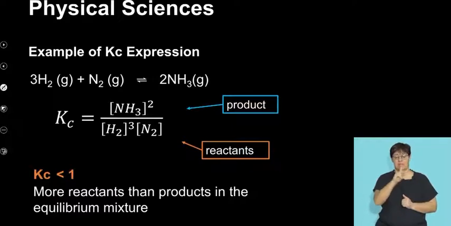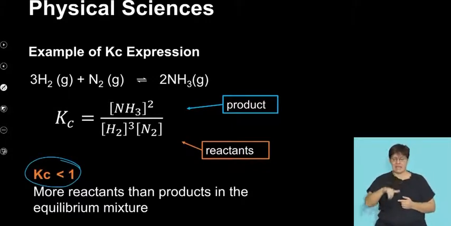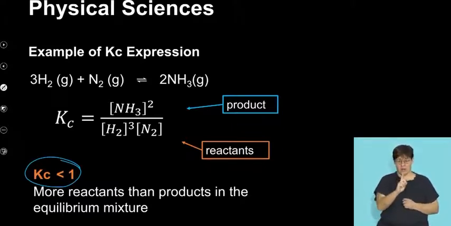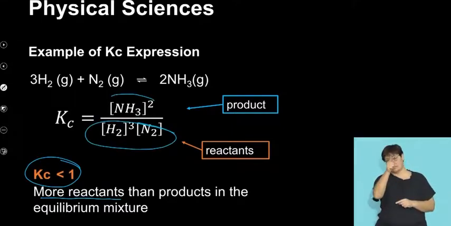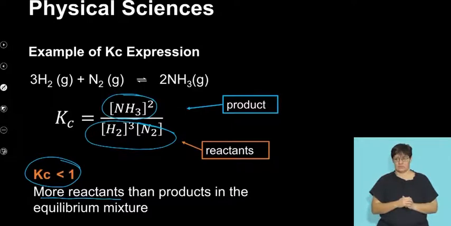Because Kc gives us an idea of the yield, when Kc is smaller than 1, then we always say there are more reactants than products. I always say then the denominator is big and the numerator is small. So we have this division and it will always give a number smaller than 1.